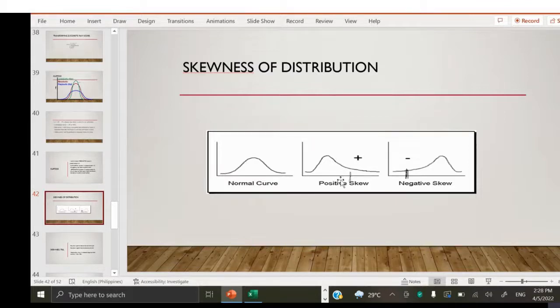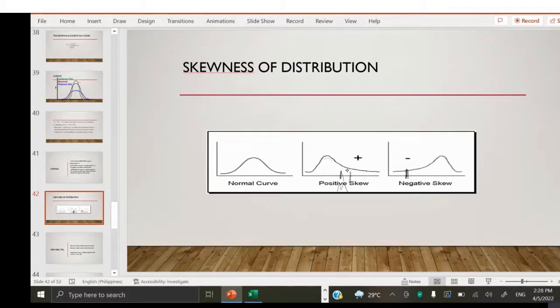Say, for example, if we plot the mean score here, this is the mean score, this is the average score, and if this is the mound of the distribution, this means to say that most of the examinees have scores that fall below the mean score, and few belong here.